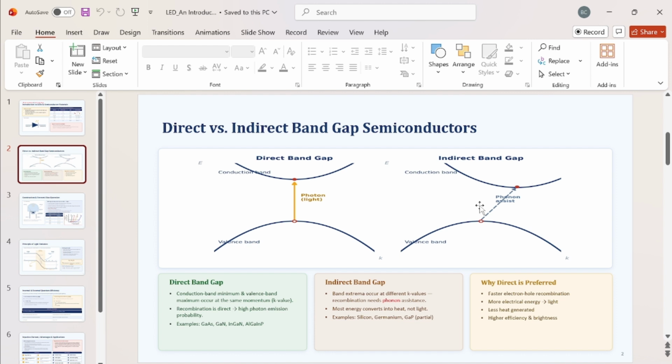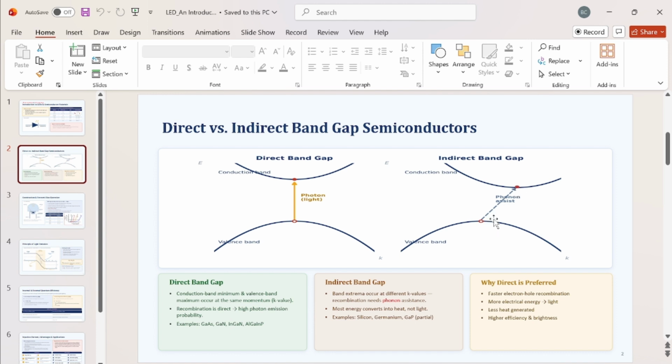Then, when it has changed its momentum and equaled the momentum of the hole into which it wants to jump, very little of the electron's energy will be converted into light. Because of that, these indirect band gap semiconductors are not suitable for the construction of light emitting diodes. So a phonon is involved in the transition.